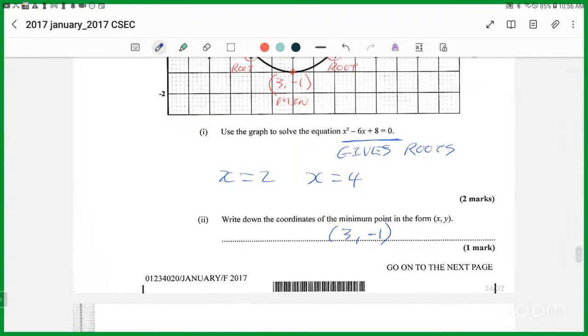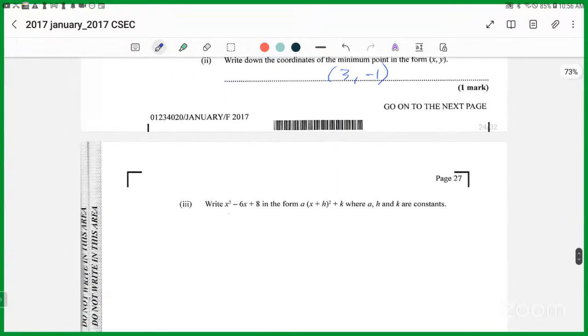All right. Next part says write this in this form. Now, because I have the graph and I have all the values, I don't have to actually do this calculation. Remember, the minimum point, which is 3, -1, is really my xt and my yt. So my xt is 3, yt is -1.